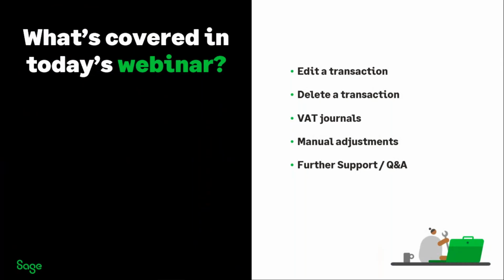Now, hand on heart, it's probably going to be majoritively taken care of by the system, if we're honest, but I'm going to go through a couple of demonstrations of both just so you can see what you should be looking out for. Then we're going to have a look at VAT journals as well, see what amendments can potentially be made there, and then have a look at manual adjustments on the VAT return as well. So it's all about correcting something, obviously, with the theme being corrections.